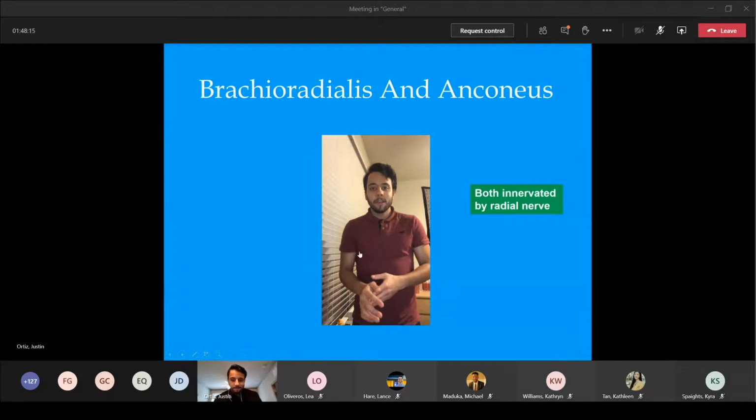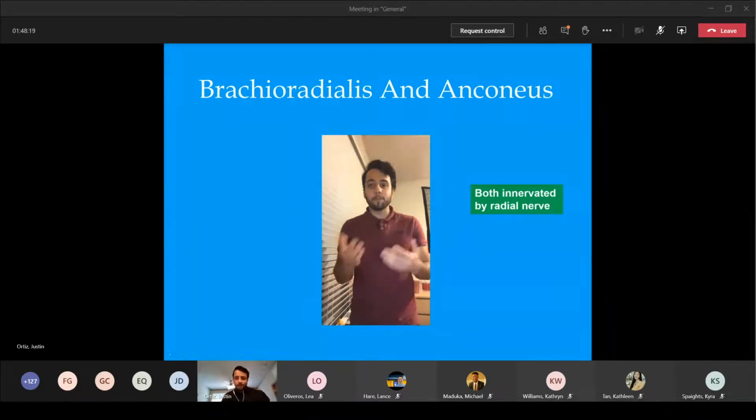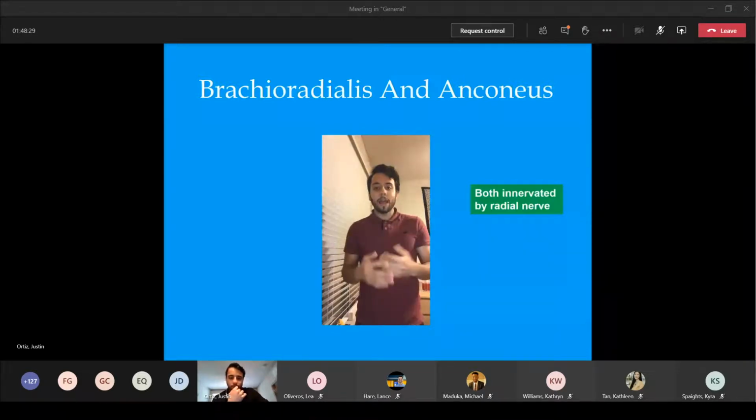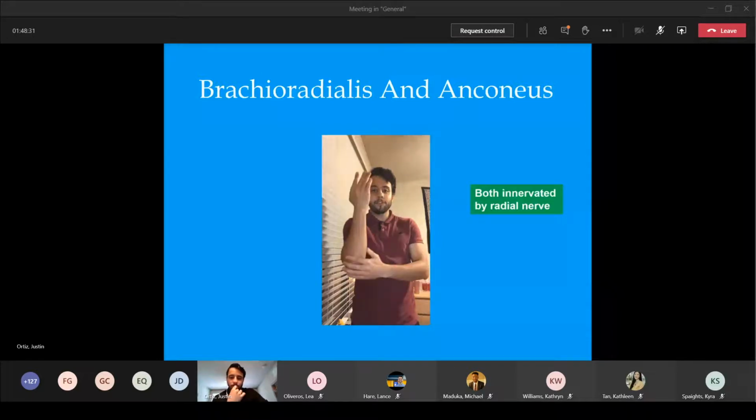Okay. I'm actually going to talk about the two muscles that we weren't able to talk about in the previous segments, and those two muscles are the anconeus as well as the brachioradialis. So the anconeus is an extensor muscle, so it's located in the posterior compartment of your arm, posterior side.